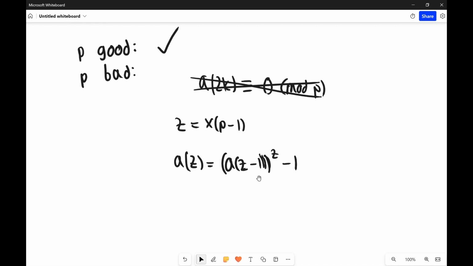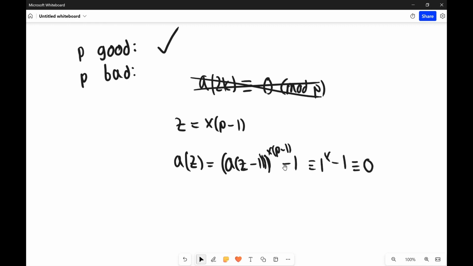If a of z minus 1 is 0 mod p, then we are fine. If it's not 0 mod p, then Fermat's little theorem implies that since z is just x times p minus 1, we have a p minus 1 here, so that becomes 1. So this is 1 to the x minus 1, which is equivalent to 0.